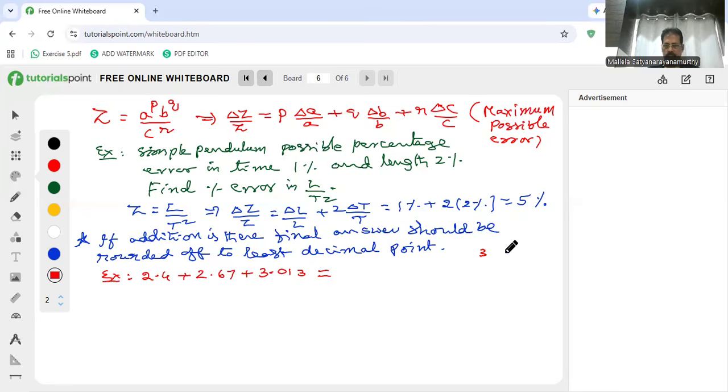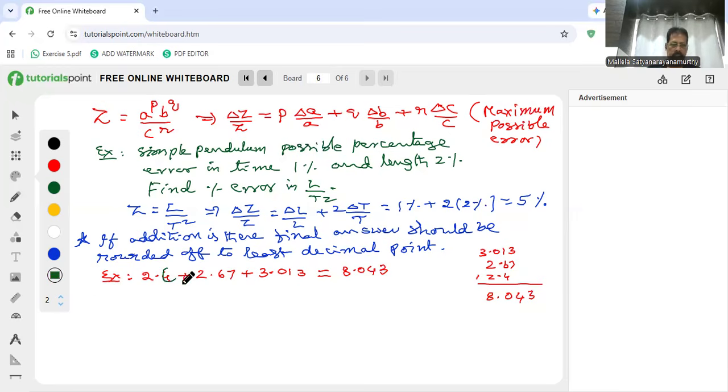See, 3.013 and 2.67 and 2.4, let it be. Adding them, 8.043 is the answer.